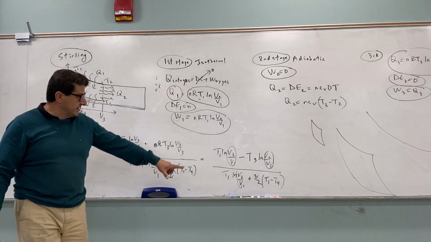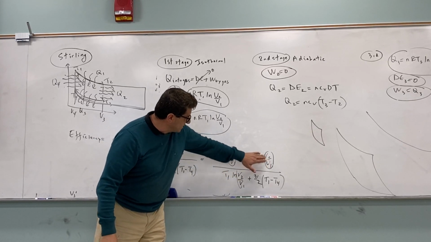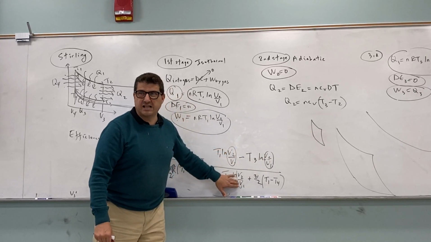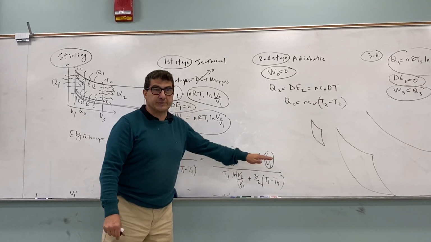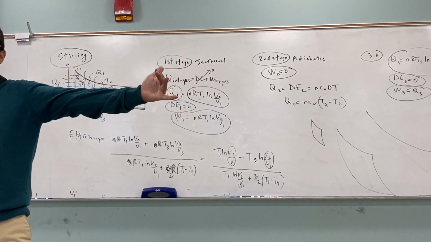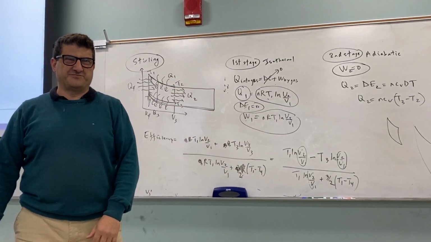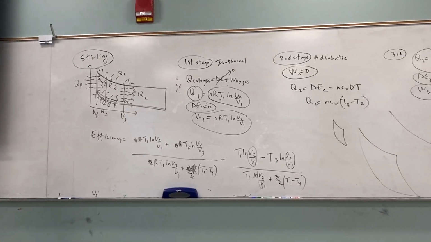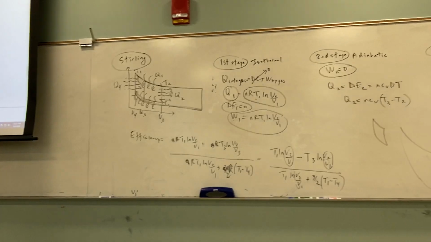When the ln is bigger, when this guy is big, and the numerator has 2 of them, versus the denominator has only 1 of them, you see? So when the volume ratio is bigger, it gets more efficient. So with a Stirling engine, you want a bigger volume difference. With the Carnot cycle, it doesn't really matter. You see? Okay, so on Monday, we'll see other different examples of engines. Okay, good job.